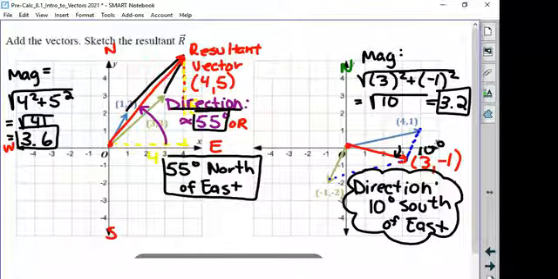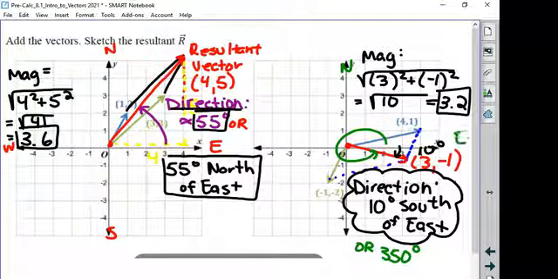You know, if we really wanted to, if I started at 0, 360 minus 10 is 350. So I could say it was 350 degrees relative to 0. Usually when we do application problems, we do it relative to east and west. So of course, if that's north, this is east, and down here is south.